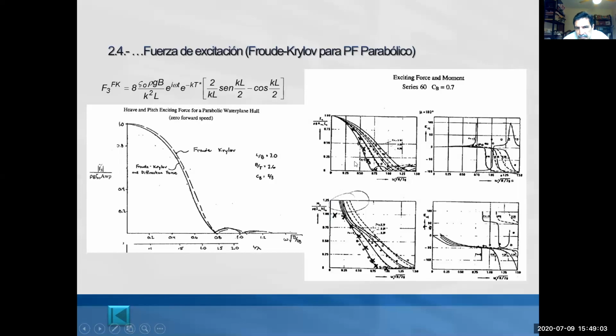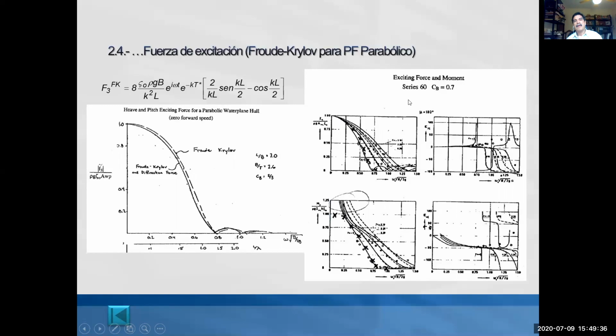And it's telling us that to calculate the excitation force, the most important characteristics probably are the length, beam, and draft. Okay, because even though this is taken for a parabolic water plane with vertical sides, the results are very close to those of a real ship.